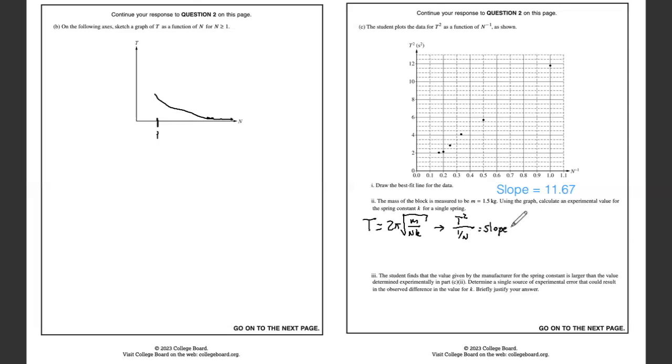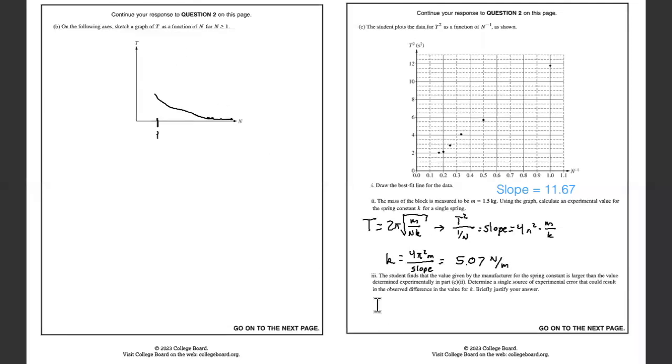Now that slope should equal 4π² times m over k. Therefore, k should equal 4π² times mass divided by the slope. And if that's true, plugging in mass and slope, I should get a value of 5.07 newtons per meter.